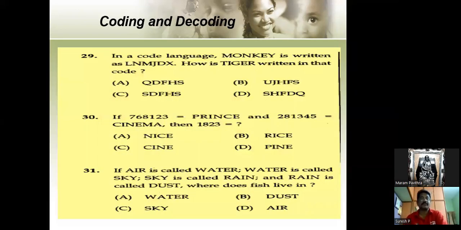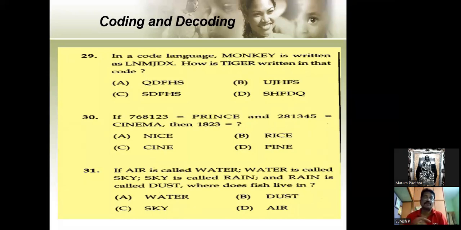That's okay. Now coming to the next one, coding and decoding. This is in a code language. Monkey is written as LNMJDX. How is tiger written in the code? Just observe it. K, L, M. Here M is there, so L comes next, which is the previous letter.